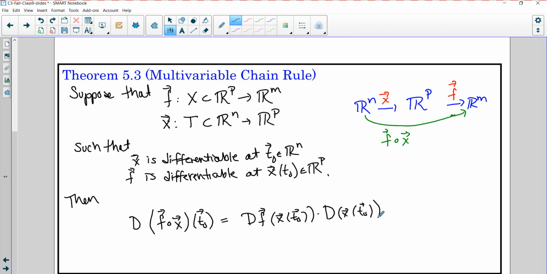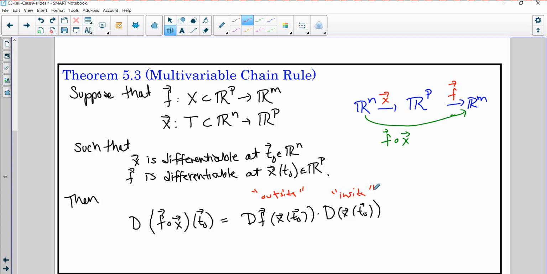Okay, so exactly similar to what we thought, but in the one variable case, we have derivative of the outside, in quotes, and then this is the inside.